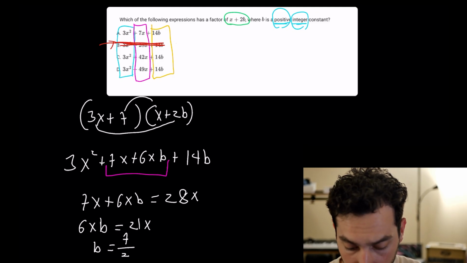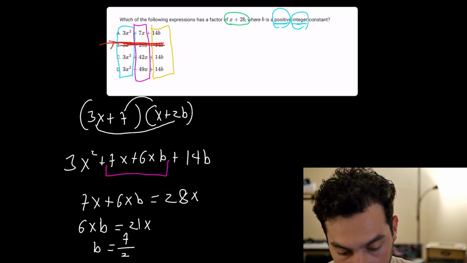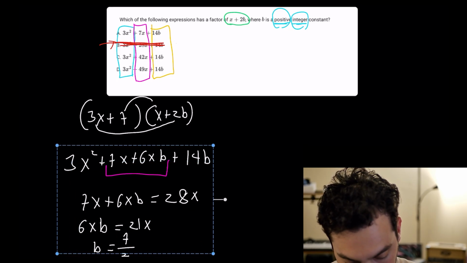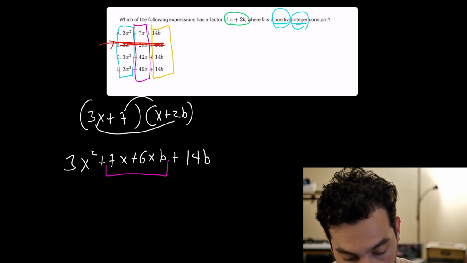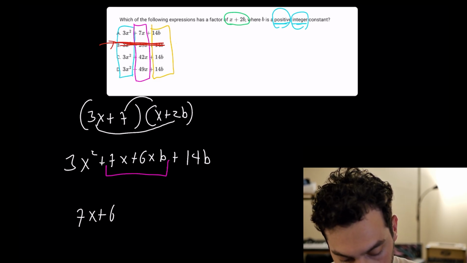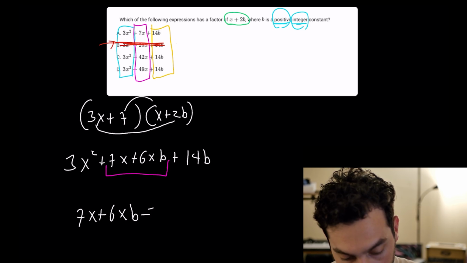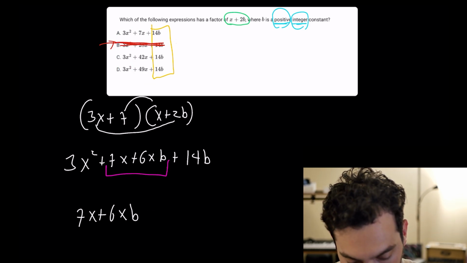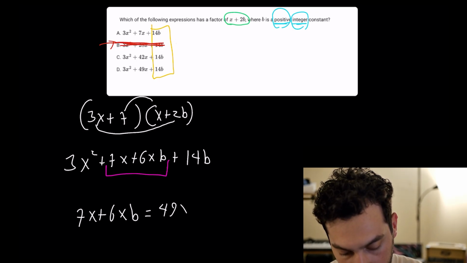Then we keep doing this for the rest of these, but I'll just show you where this does work, for our very last choice here. 7x plus 6xb, and we're testing answer choice D, which means we should set that equal to 49x.